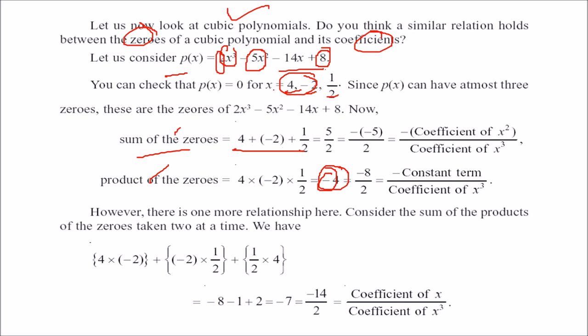One more thing, if you take them pairwise, meaning multiply them pairwise, 4 into minus 2, minus 2 into half, and 4 into half, and then you add them, you will get this value. And this is exactly equal to the coefficient of x divided by coefficient of x cube.